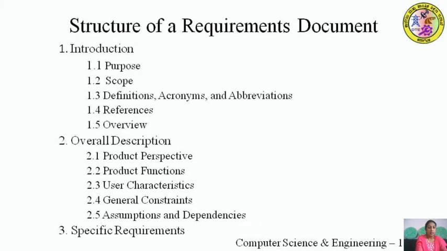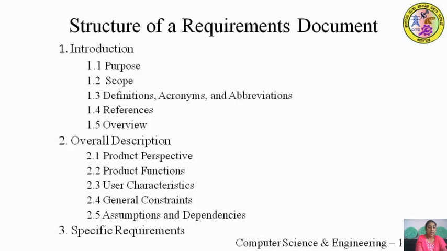Next, the scope section, which specifies the scope of the project, followed by the sections definitions, acronyms and abbreviations, references and overview. The second main section in the general structure is overall description, which specifies the product perspective, product functions, user characteristics, general constraints and assumptions and dependencies.